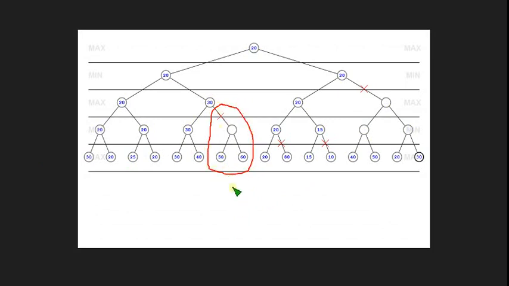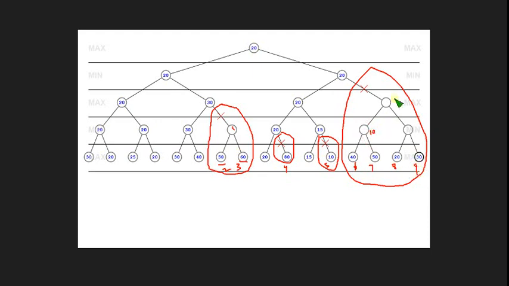They said we have to include the leaf nodes also. So I am drawing this one, and the whole of this one. So if you see the first one, second, third, fourth one, fifth one, 6, 7, 8, 9, 10, 11 and 12.